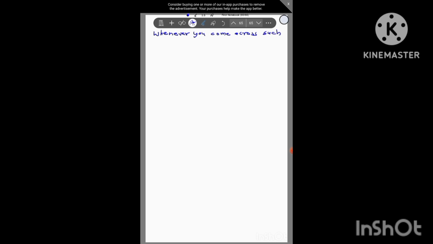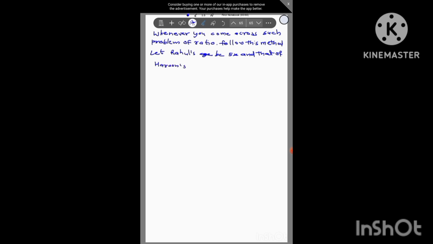So we are solving another example where you are dealing with a ratio. Whenever you come across such a problem where a ratio is involved, do follow this method. In this case, Rahul's age and Arun's age are in the ratio of 5 to 7. So take Rahul's age as 5x and that of Arun's as 7x.